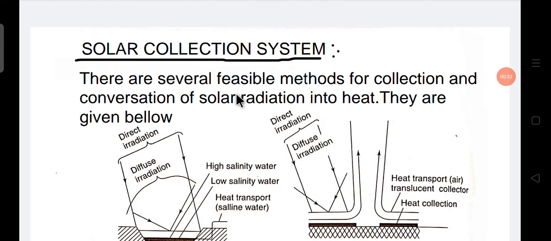There are several feasible methods for collection and conversion of solar radiation into heat.